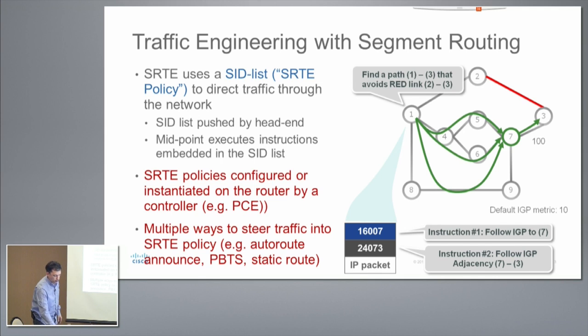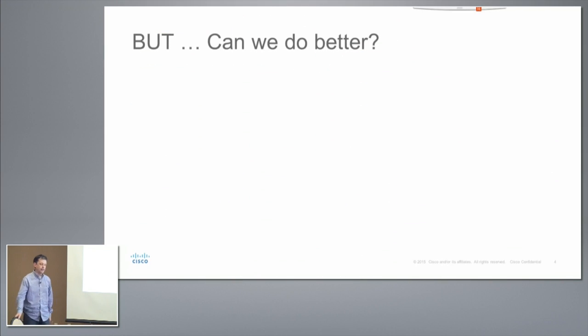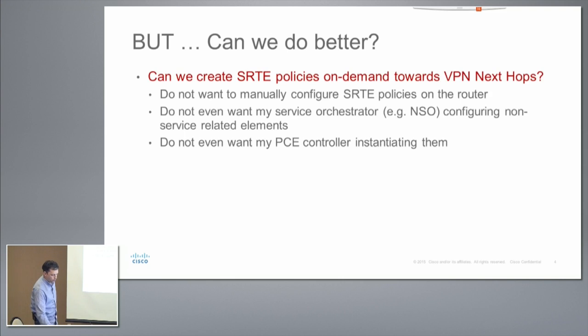When we started talking with customers, the challenge was: can you do better than before? Can you create these SRTE policies on demand towards a VPN next hop? Imagine you have an L3 VPN route coming in onto a PE that has a BGP next hop, which is the advertiser of the prefix. Can you build and instantiate a policy on demand towards that VPN next hop?